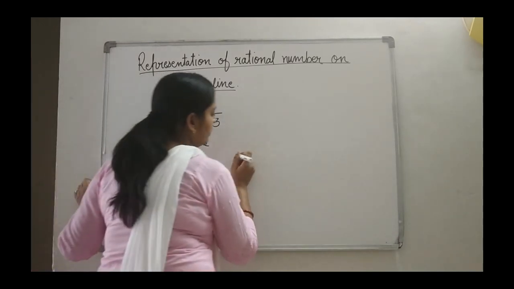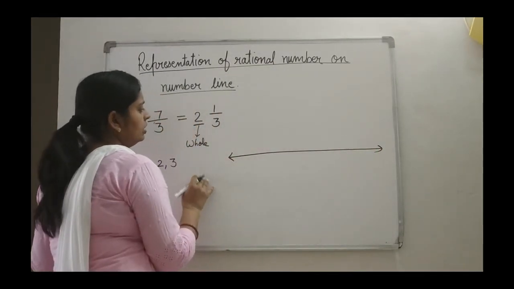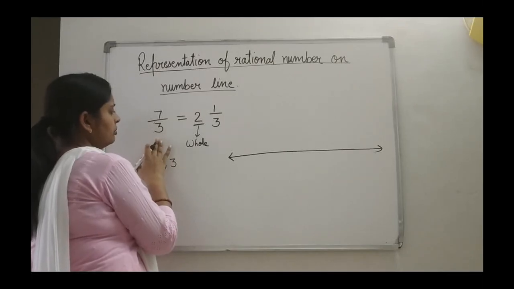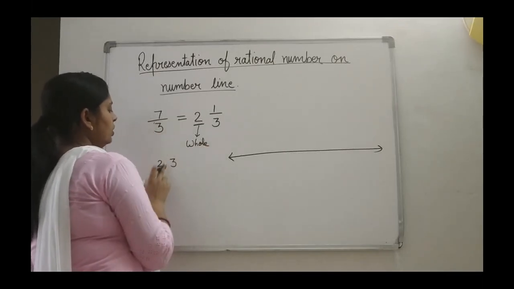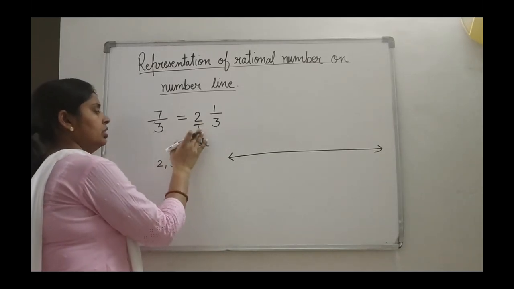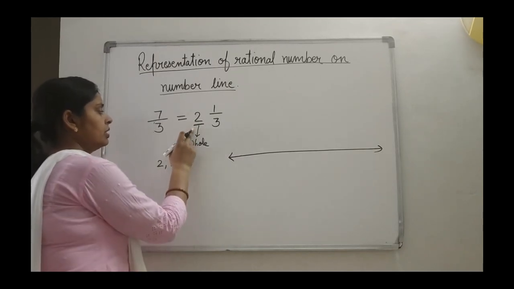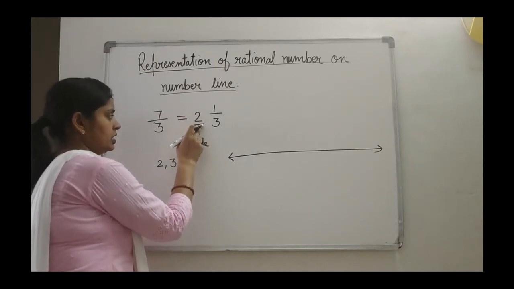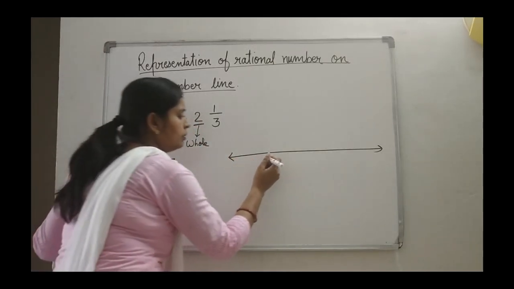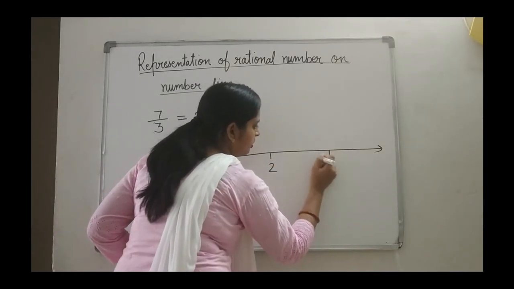We will draw a number line in which we focus on this, because we have to show where this number lies. By looking at the mixed fraction, we can see where the number will lie: between the whole number and the next number to it. After 2 comes 3, so the number lies between 2 and 3.